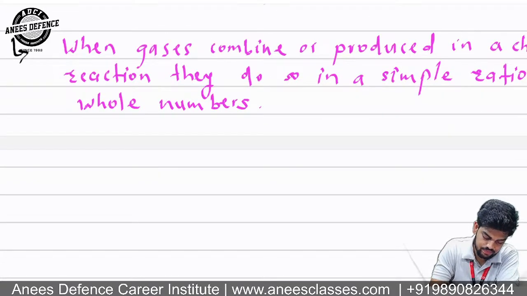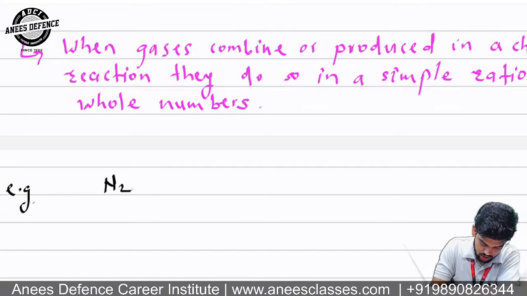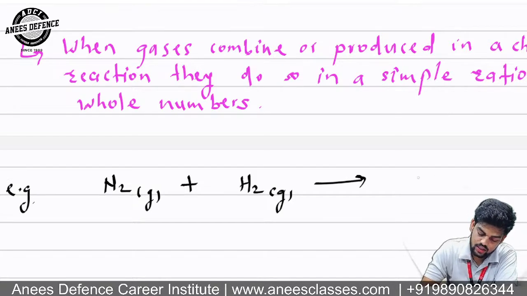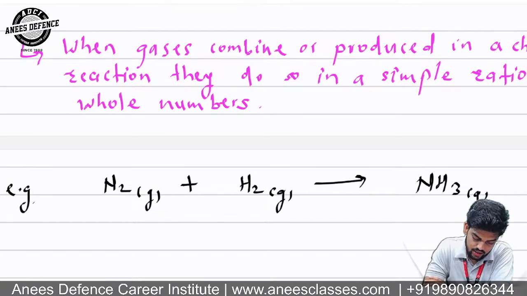चलो इसी चीज को समझते हैं. फॉर एग्जाम्पल, अगर मैं नाइट्रोजन गैस को और हाइड्रोजन गैस को रिएक्ट करवाऊं तो ये आपको देते हैं अमोनिया गैस. They will produce ammonia gas. In this reaction, it is not balanced. Let's balance this reaction. Here we keep 3 moles of hydrogen gas, then we will get 2 moles of ammonia gas.